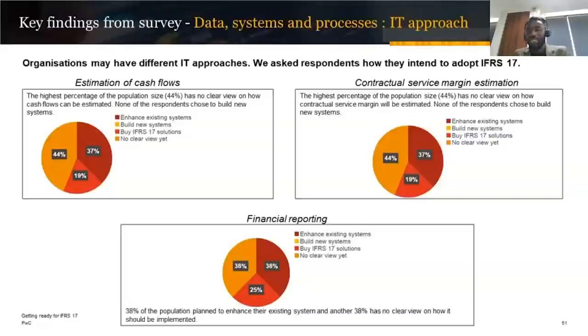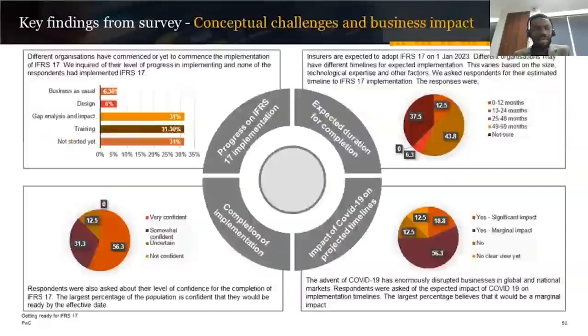About 6% think there will be little to no impact on profitability. Keeping in mind that the distribution of our respondents is significantly skewed towards general insurers and composite insurers, the statistics is really interesting.